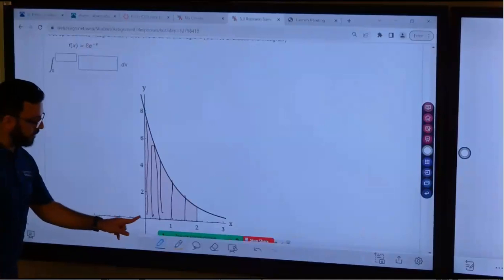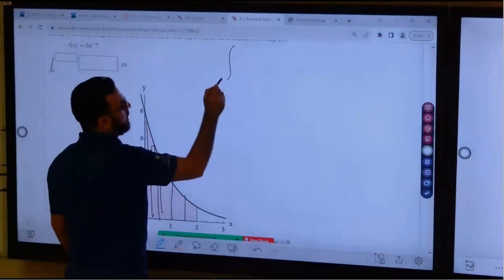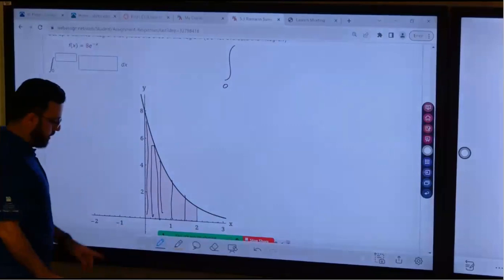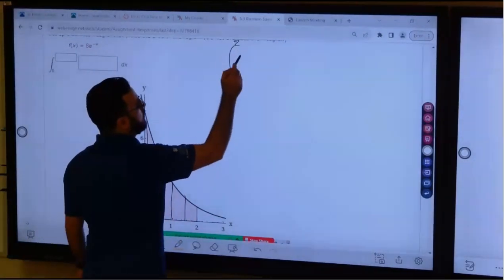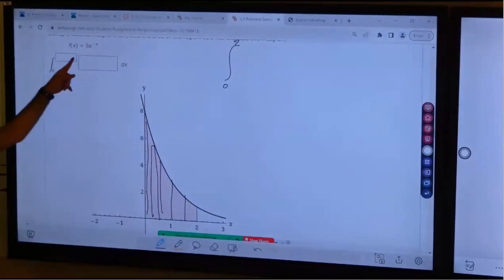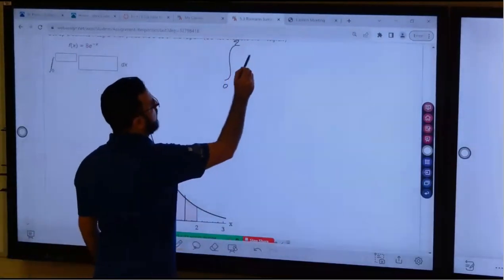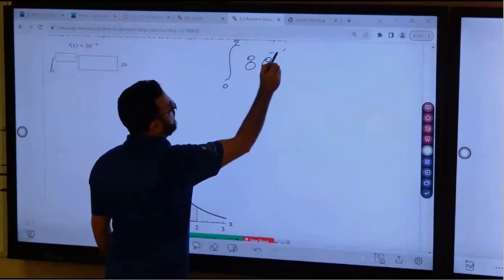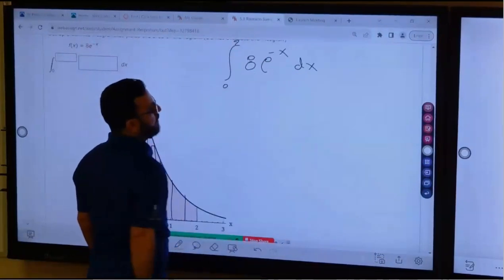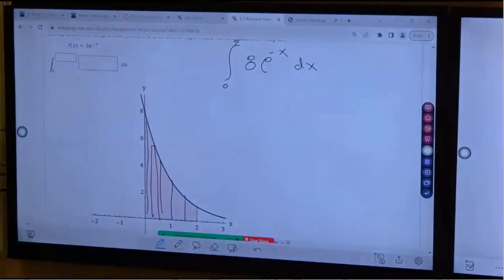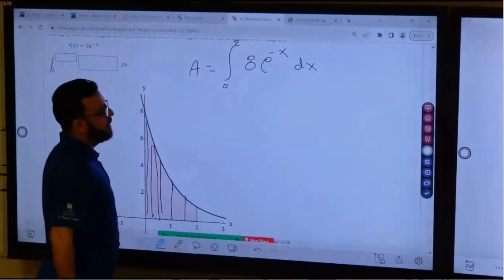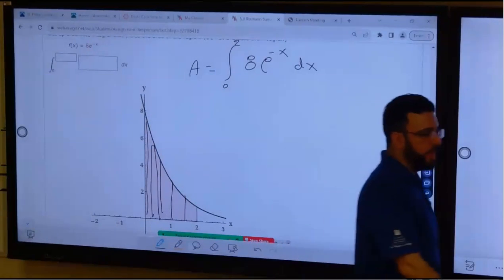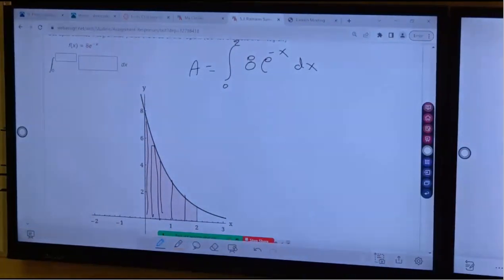So the integral from 0 to 2, and our function is 8e to the negative x. That's it. That's how you're gonna find the area. So the area is going to be equal to the integral from 0 to 2, 8e to the negative x dx.